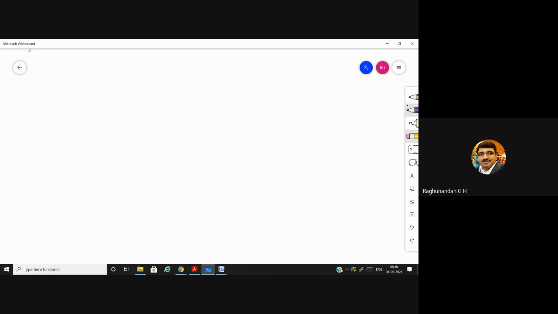Then filters: we have different types of filters. As you know, the basic meaning of a filter is to remove something which is unwanted. Here, in our rectifier, the unwanted signal is the AC component present in the DC output.